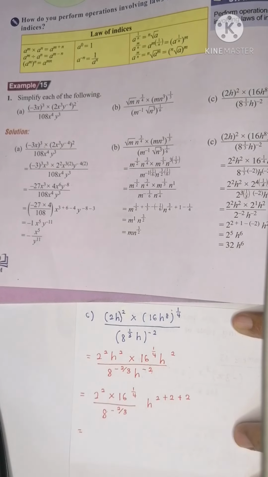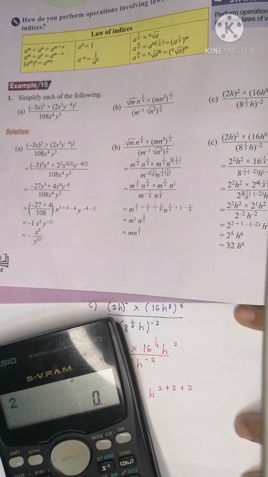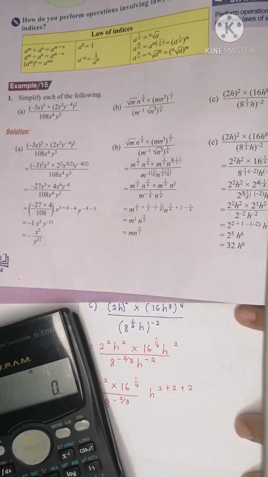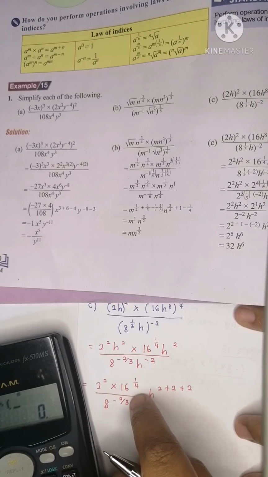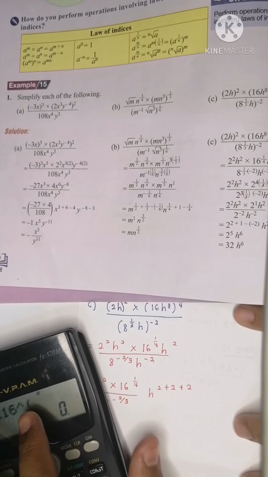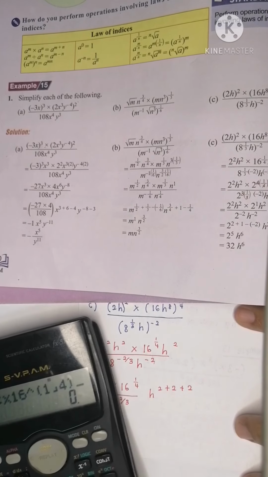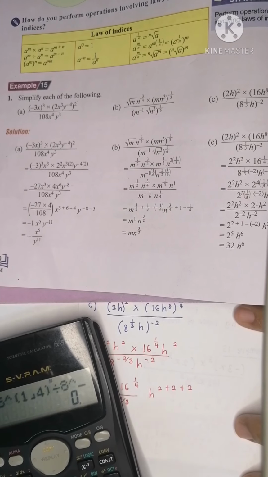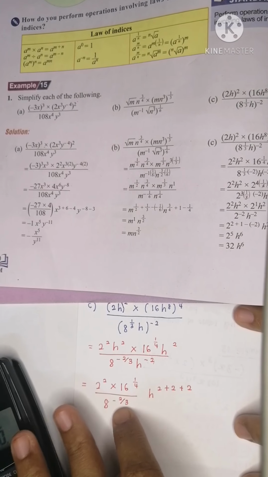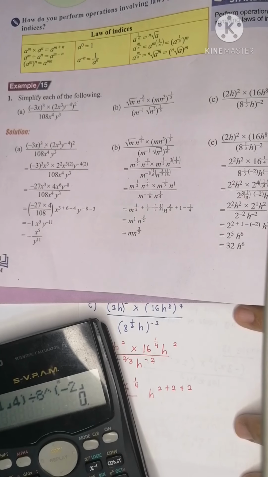Okay, now solve this one. 2 to the power of 2 multiplied by 16 to the power of, it must be in brackets if the power is in the form of a fraction, so you must put brackets. 16 to the power of, in brackets, 1 over 4, and then divided by 8 to the power of, in brackets because the power is a fraction, negative 2 over 3.